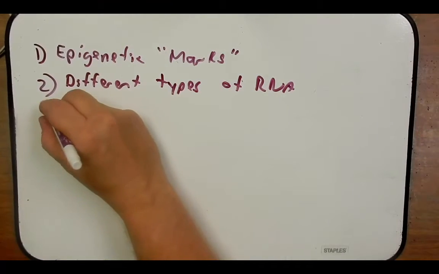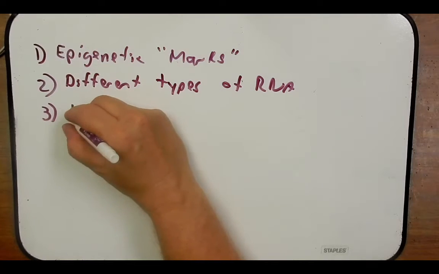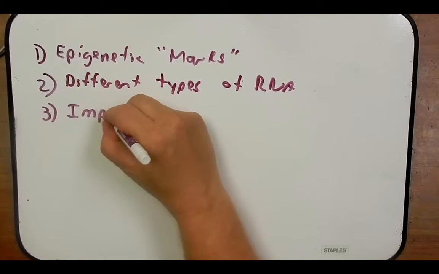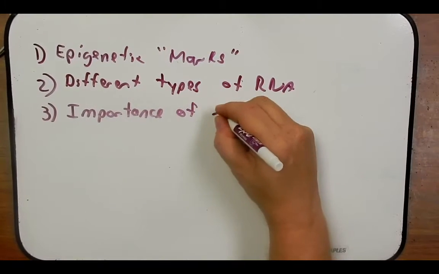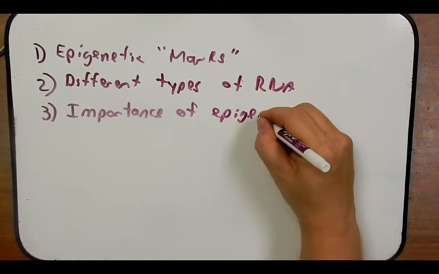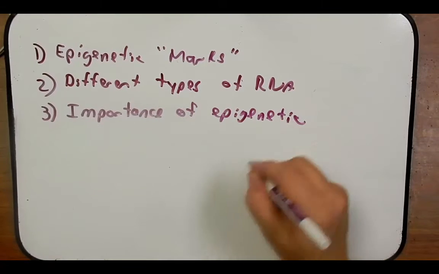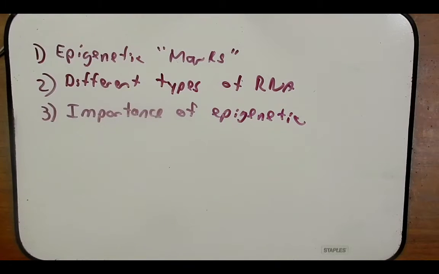And then I want to close with some important features or hallmarks of epigenetics. Why is it important to study it? We've already touched upon some of that earlier in the first two classes, but I want to bring up a couple other things with you. Okay, let's go ahead and get started.